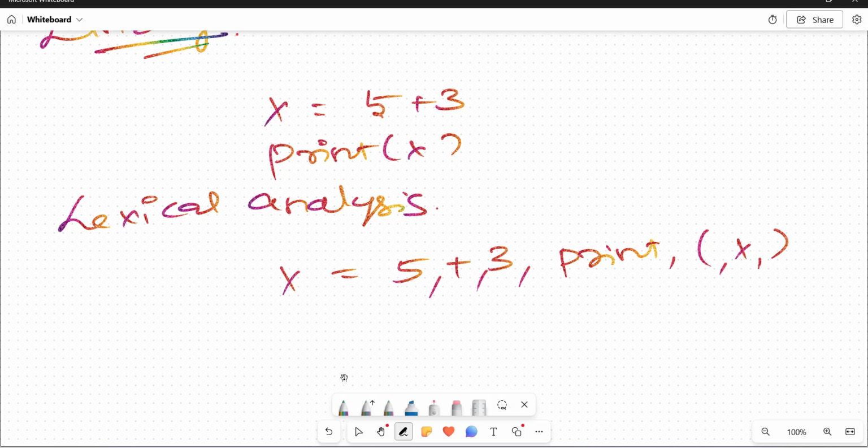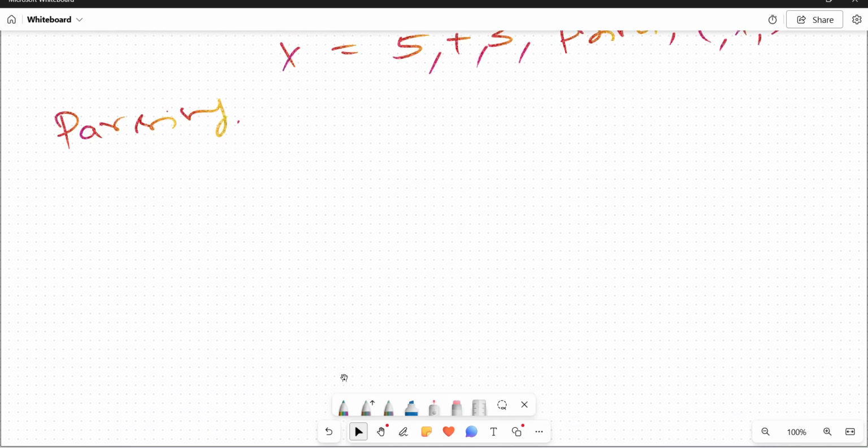So this is how it separates all those statements into tokens. And the second step is parsing. So it builds an abstract syntax tree to understand the structure. For example, left side we have x, right side we have 5 plus 3.